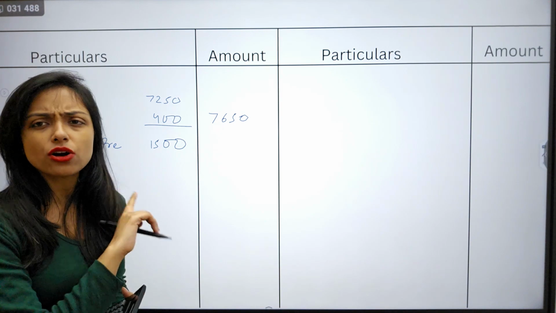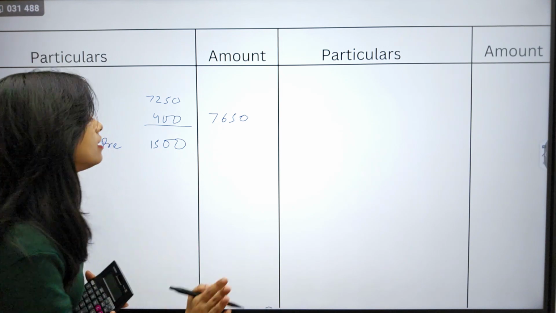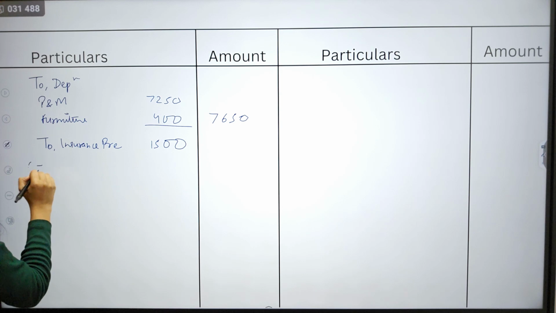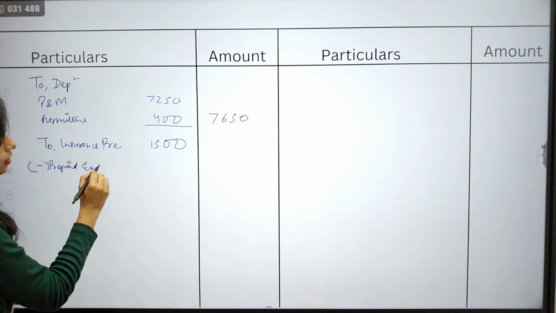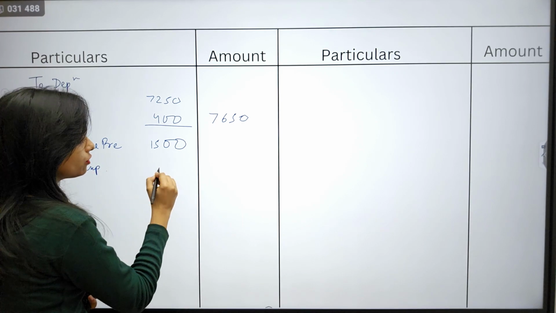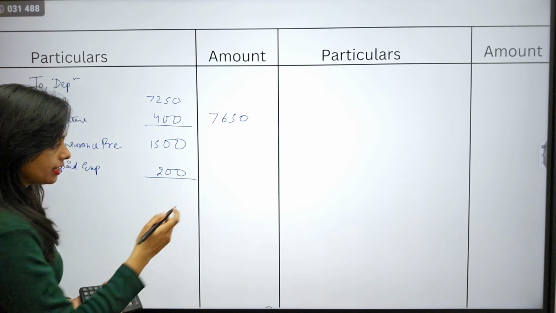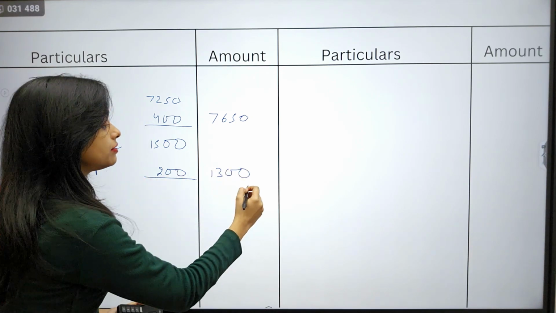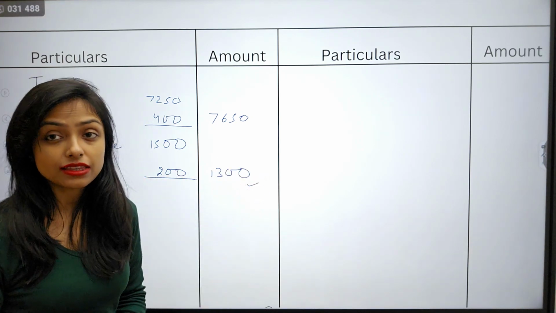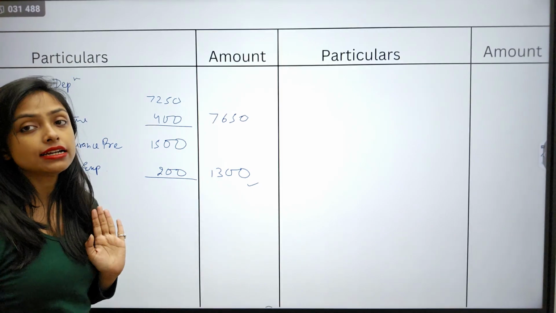That means what? I should not be including it in my PL account now, because it does not belong to this year. So I will reduce this prepaid expense from here. Okay, so this is 1300 rupees for you. This is the final amount that should be written in the PL account, the actual expense incurred in this year.